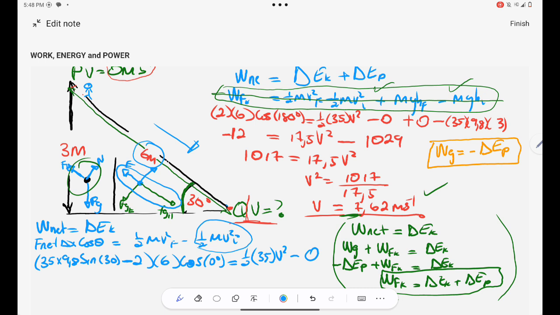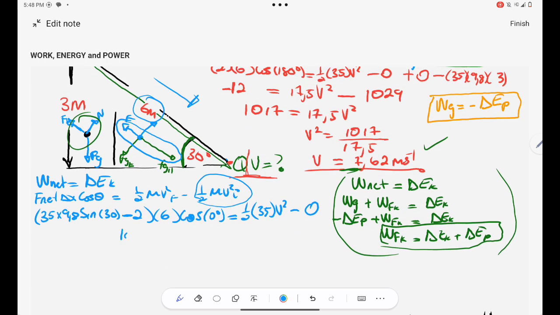So let me punch my answer on the left hand side. I simply have 35 times 9.8 multiplied by the sine of 30 degrees minus 2. Then I close my brackets, open another one, multiplied by 6 times the cos of 0 degrees.